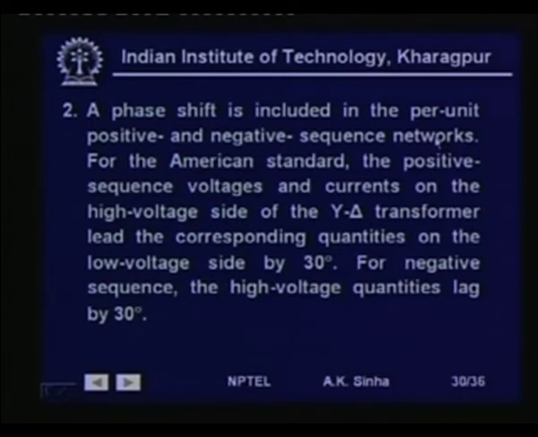That is, plus 30-degree phase shift for high voltage to low voltage side based on the American standard. That is, the positive sequence voltage and current on the high voltage side of the star delta transformer lead the corresponding quantities on the low voltage side by 30 degrees. For negative sequence, the high voltage quantities lag the low voltage quantities by 30 degrees.